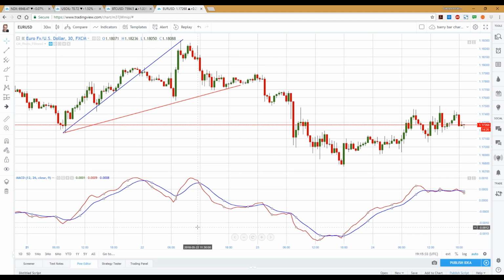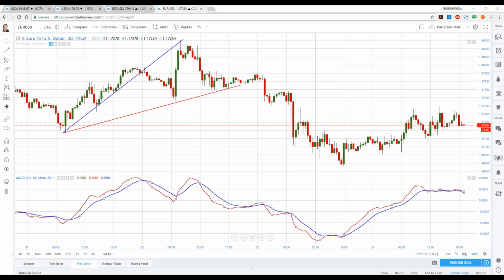Now we would want to look at crossovers, because now we have a derivative of a derivative of a derivative of a derivative. So instead of being just a moving average crossover strategy, we now have one step beyond that, because now we've built the signal line, or this trigger line, that when it crosses over the MACD line, it's giving us what's called transaction signals.